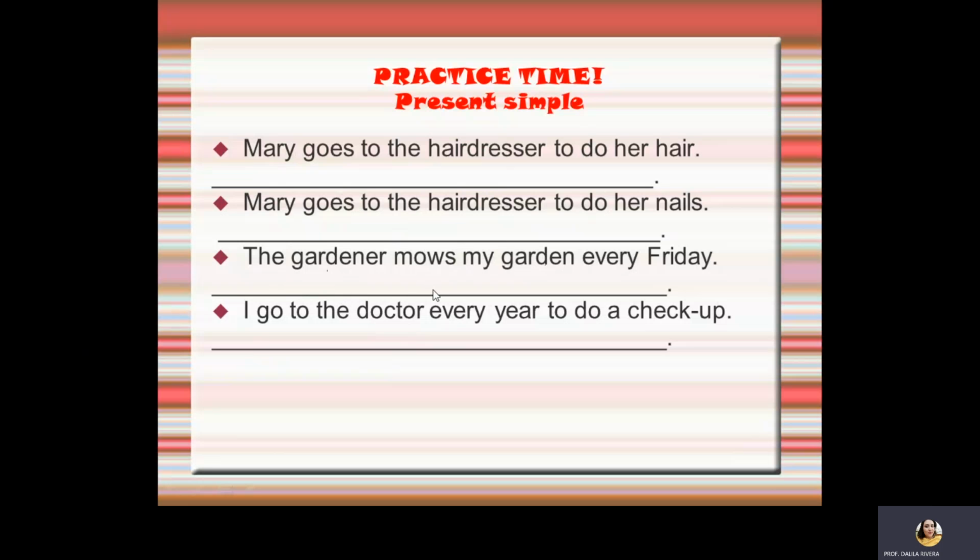I have my garden mowed every Friday. If you say just like that, I have my garden mowed every Friday, it's correct. But at the end, you can include, if you want, remember, by the gardener.